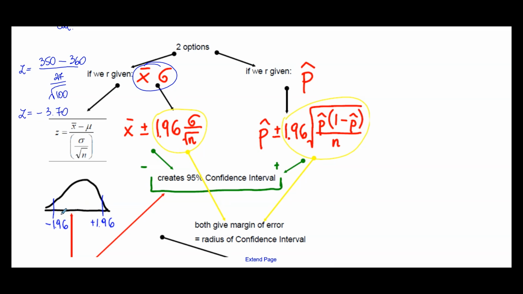We test it against these two values to see if our z-score is within those two or is it outside. And yes, you are very right, it is outside that value. If it is outside that value, whether on this side or this side, we reject the null hypothesis. If it is inside, we fail to reject the null hypothesis.